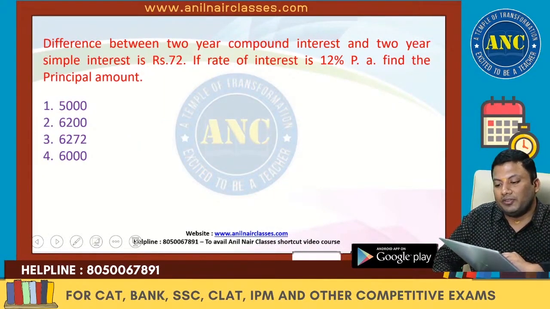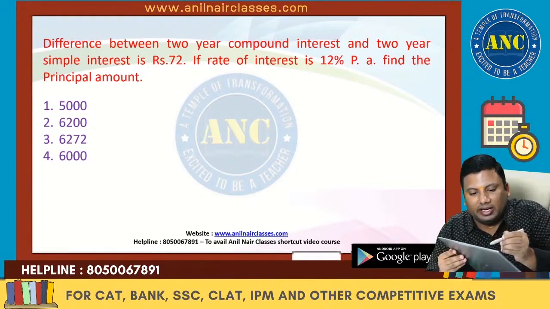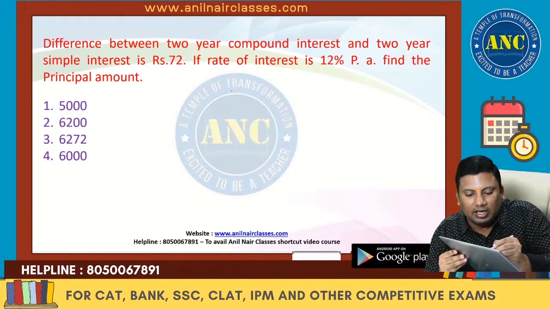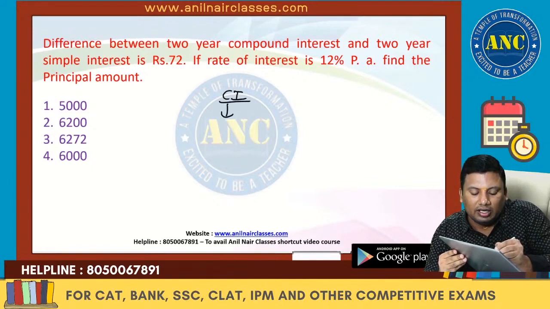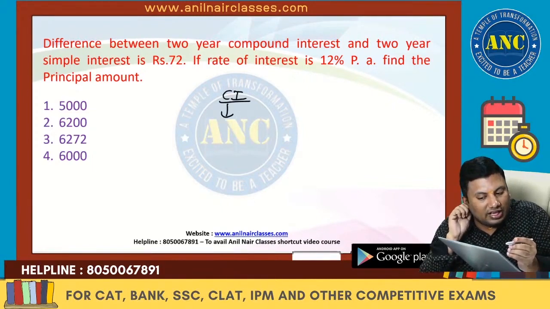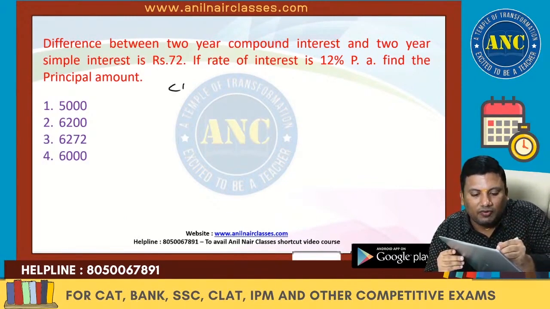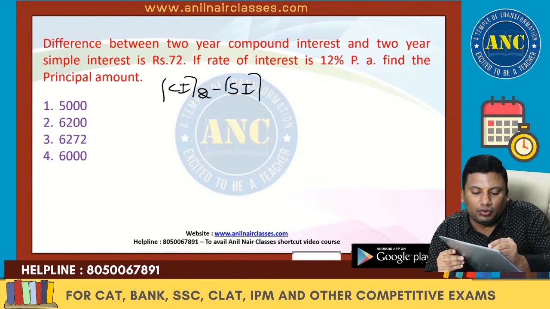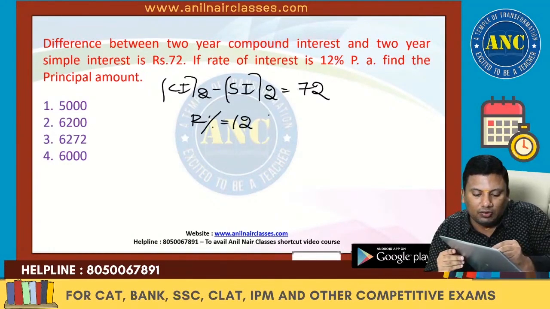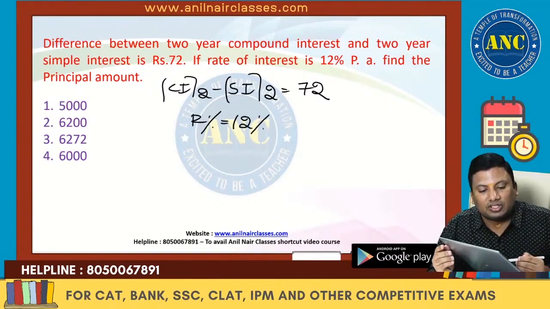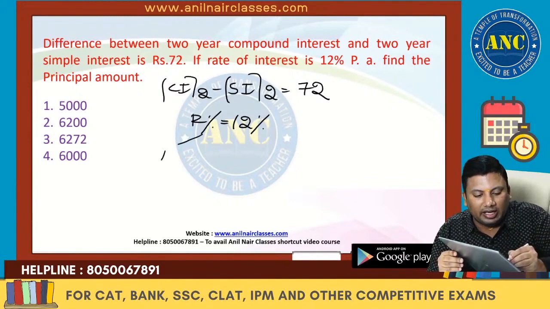The difference between 2-year compound interest and simple interest, now already we did it. CI for 2 minus SI for 2 is nothing but 72. R percentage is nothing but 12%. So first year and second year, let me take here.